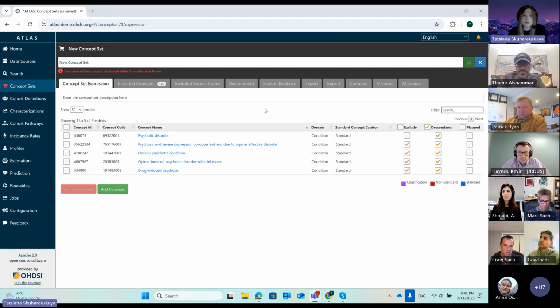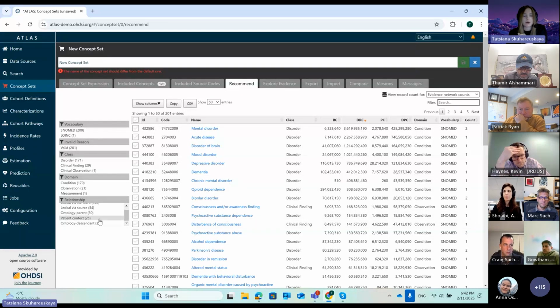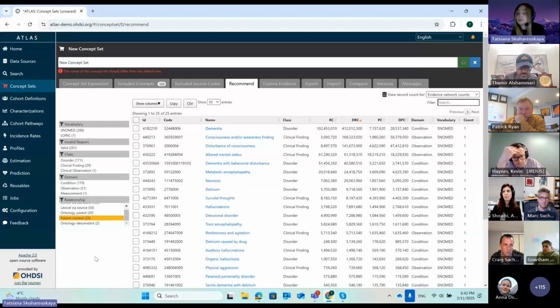What we're going to do now is go to the Recommend tab and look at what Atlas recommends to us. Atlas has some good machinery to recommend concepts based on several types of relationships. Let's explore patient context first. What does it mean?